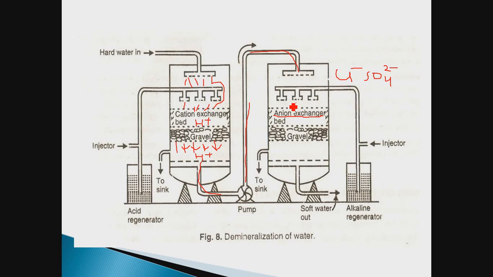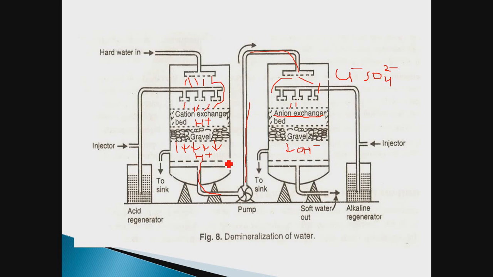So this water coming from here will have extra H+ ions as well as these negatively charged ions. In this anion exchanger column, these anions will be retained in the anion exchange resin, and the water that comes from here will have OH- ions, because these are the exchangeable ions present in your anion exchange resin.